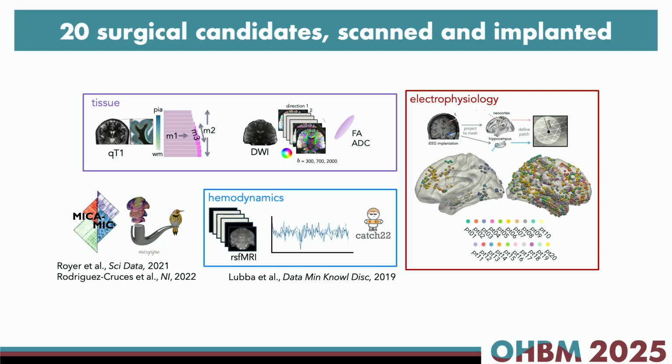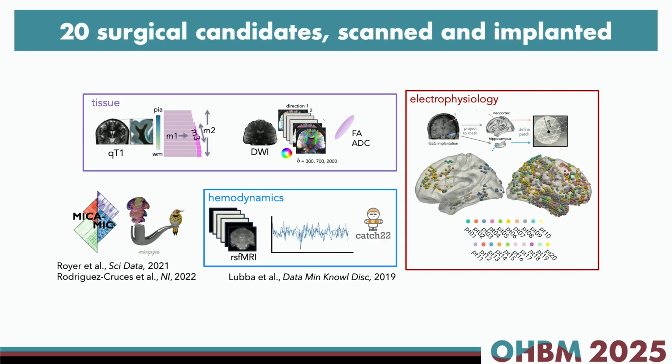M1, the mean, is supposed to be cellularity, the mean value of qT1 intensity across depth. M2, variance, reflects the columnar differentiation of myelin distribution, and M3 is how much the myelin distribution skews toward a certain layer, and that tells us about columnar organization.